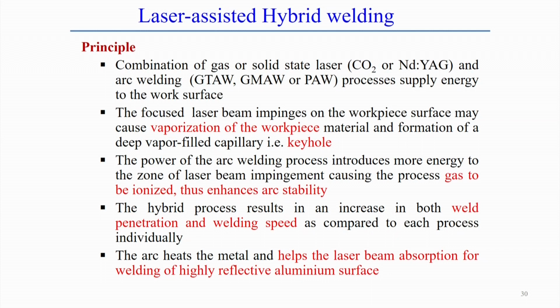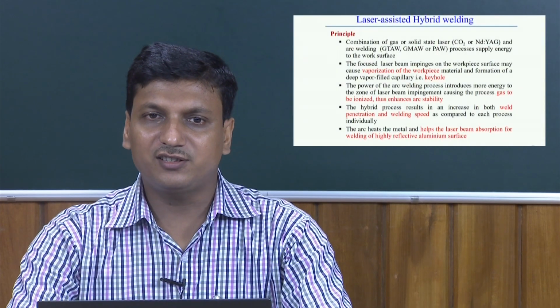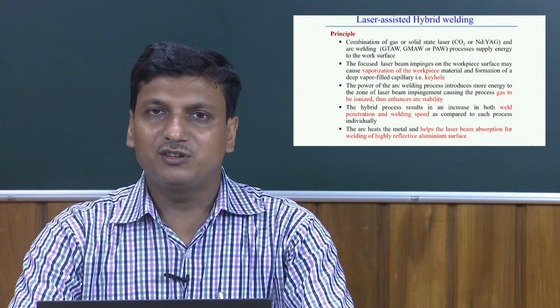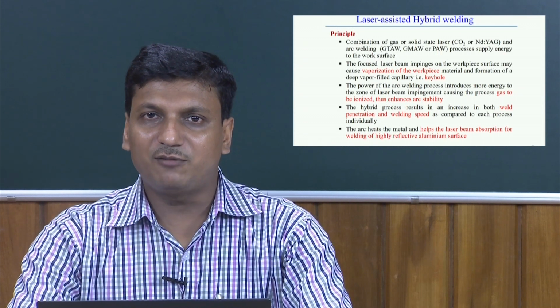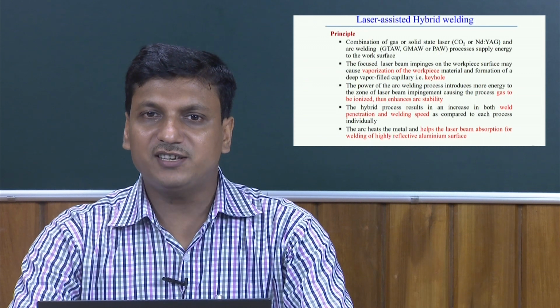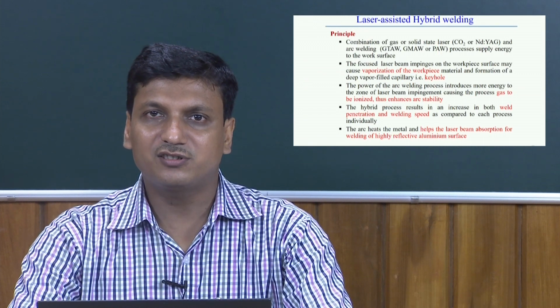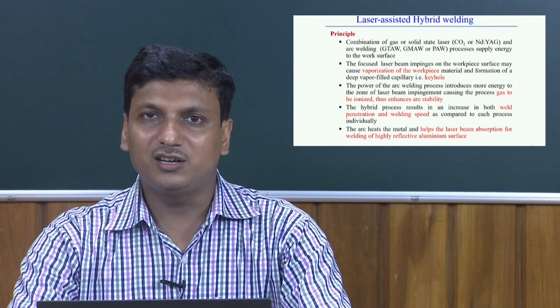The analysis may not be very straightforward, because there are several interactions of the material deposition, and the interaction between the arc and laser is always a complex phenomenon. So let us see how this process is helpful in industrial practice, but we will look into the basic advantages or basics of laser hybrid welding in this course.